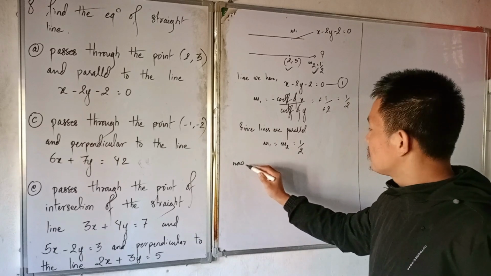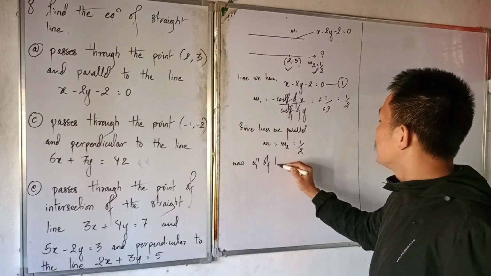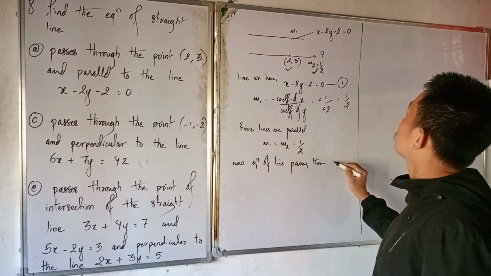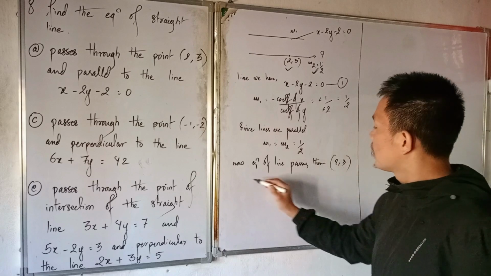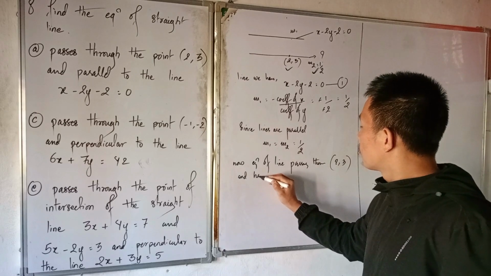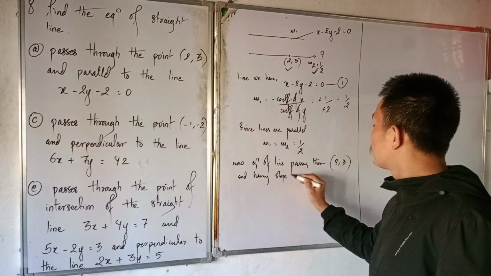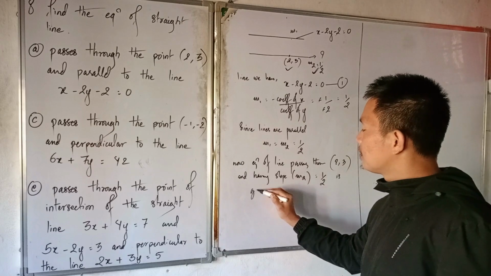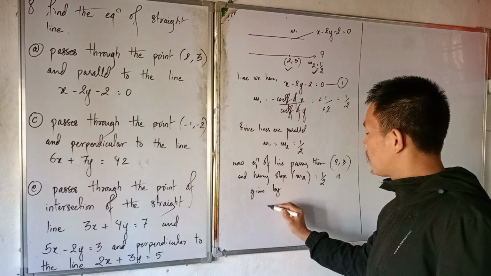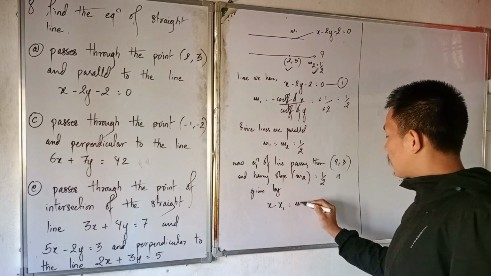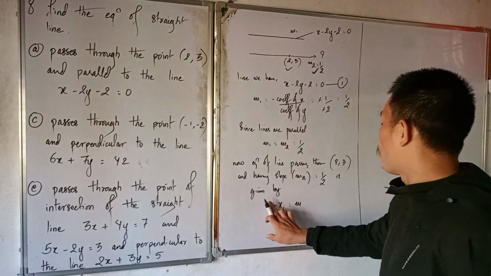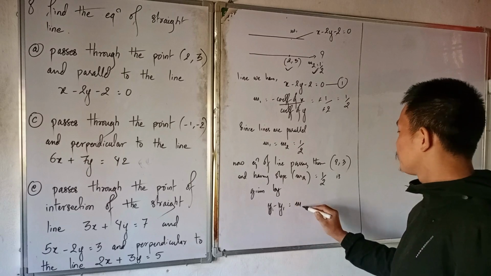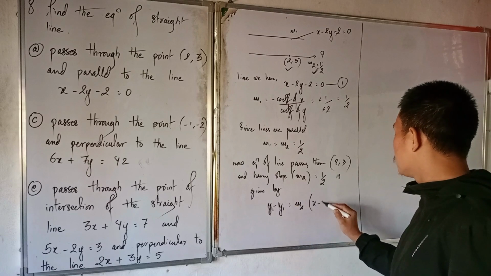Now, after getting the slope and a point, you can easily find the equation of the line. The equation of the line passing through (2, 3) and having slope m2 equals 1 by 2 is given by y minus y1 equals m2 times (x minus x1).